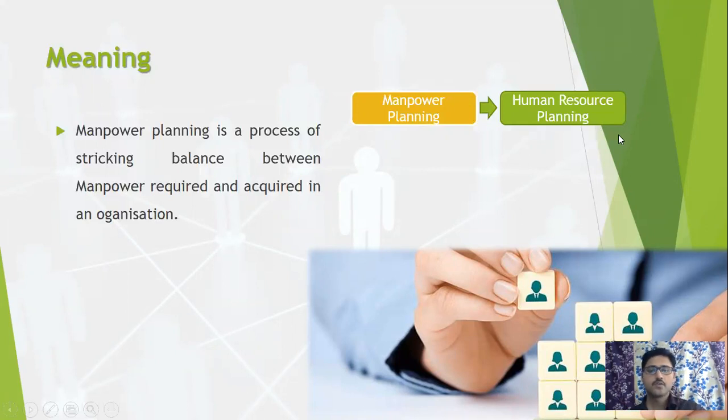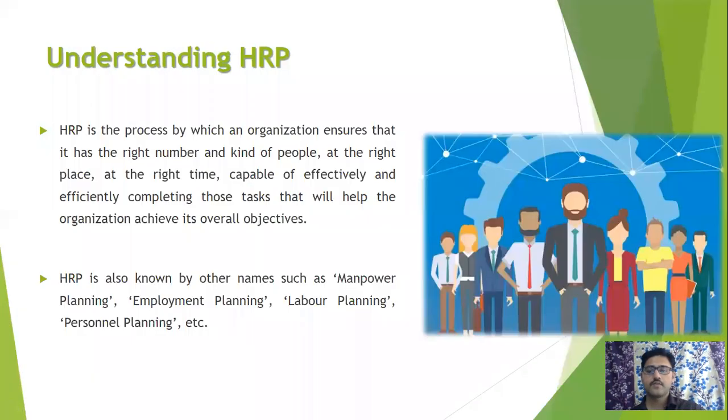Understood? So for human resource planning, as I told, it is bridging the gap between what we have currently and what is needed in future to meet the organizational objective. That means the right kind of people, the right number of people at the right place and right time, so that they can work efficiently and effectively to meet the organizational objectives.